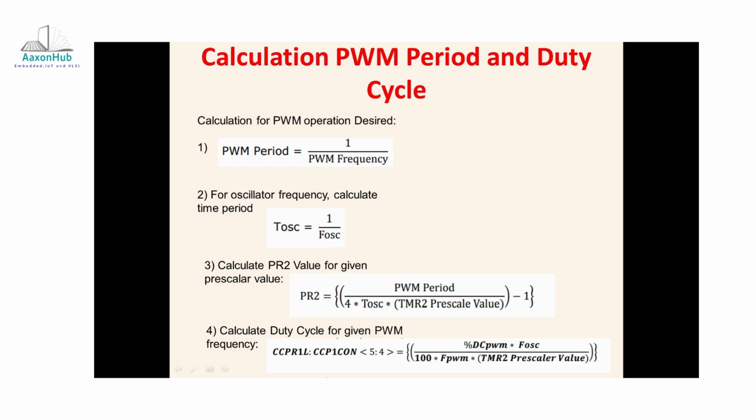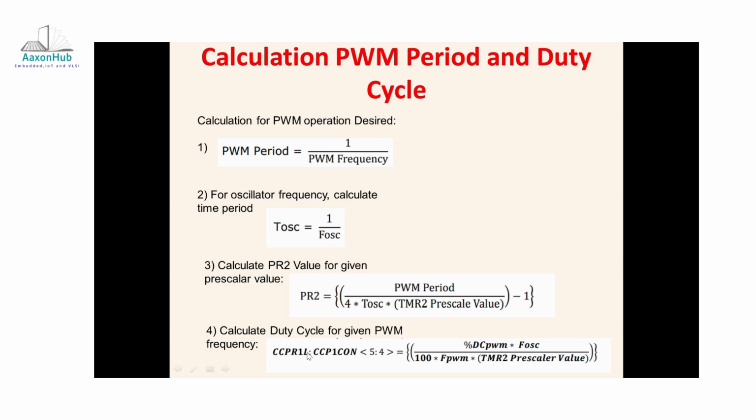Now, whatever answer you derive for your duty cycle register, as I have told you, your PWM has 10-bit resolution. Means the answer is 10-bit. Out of that 10-bit, 8 bits are loaded in the CCPR1L register, and 2 bits will be loaded in the CCP1CON register.